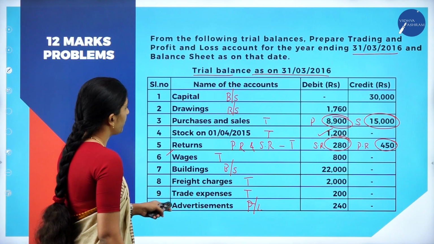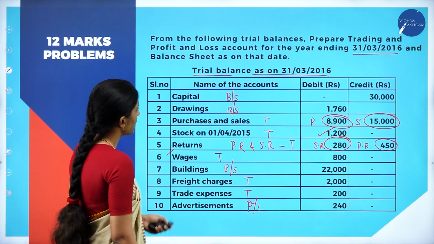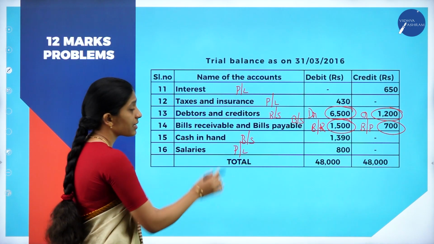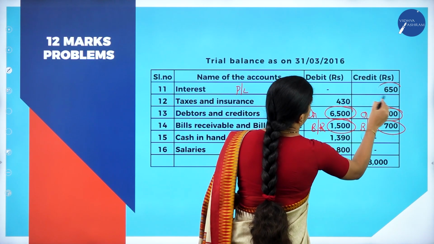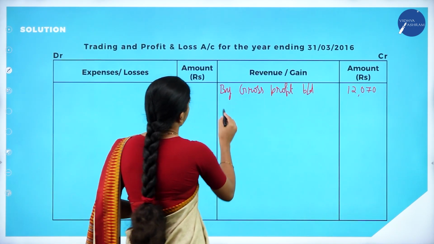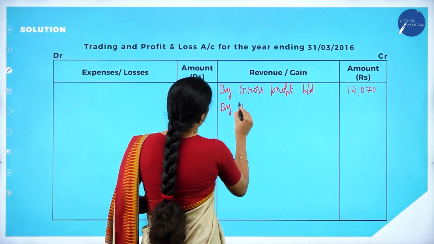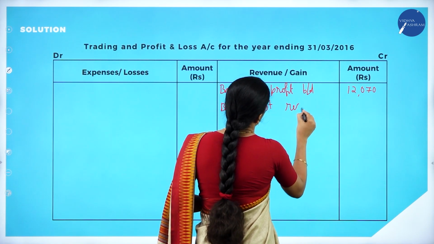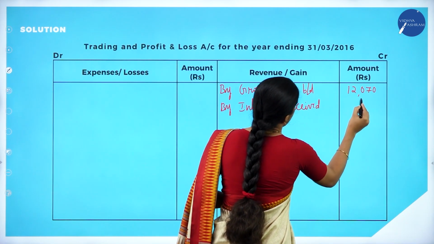So we shall start from here. The first indirect item is interest. Interest they have given, that is 650. Now the amount is in the credit side, so it is an income. So by interest received, that is 650.